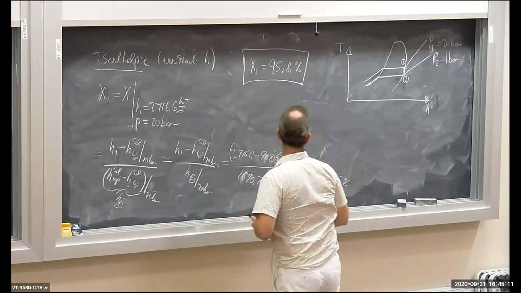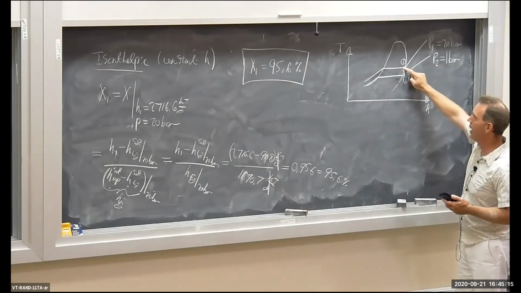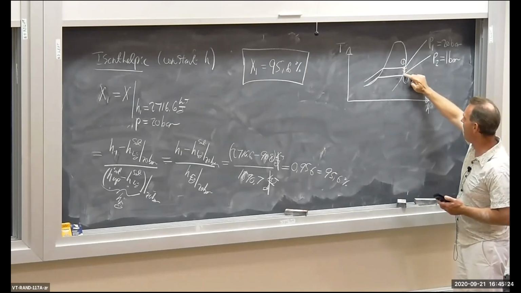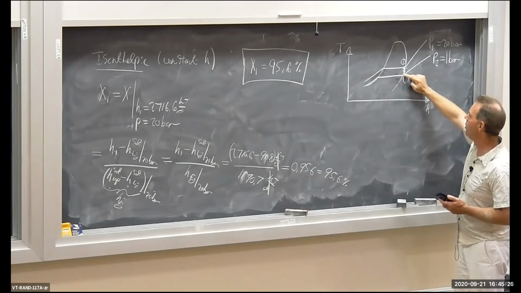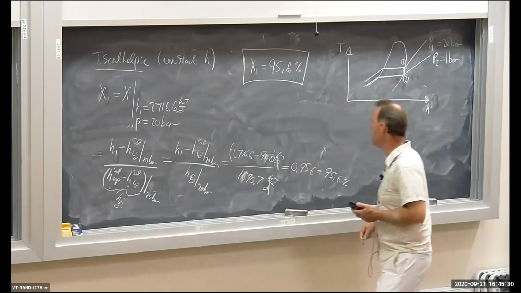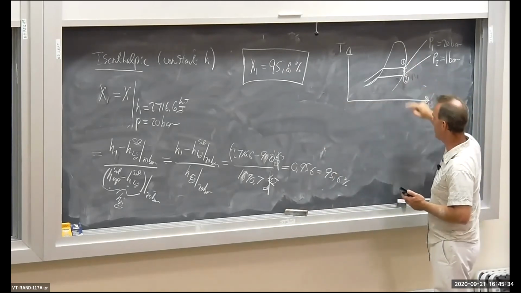Okay? So the steam comes in almost a saturated vapor. 95.6% of it is saturated vapor by mass. And then it's expanded through the throttle valve to produce a superheated vapor. And remember, the TH diagram has this curve here.